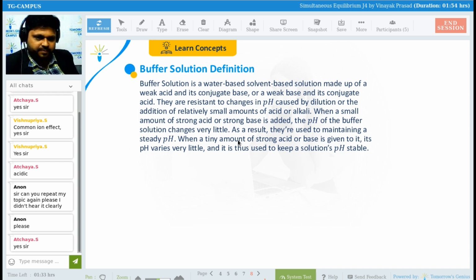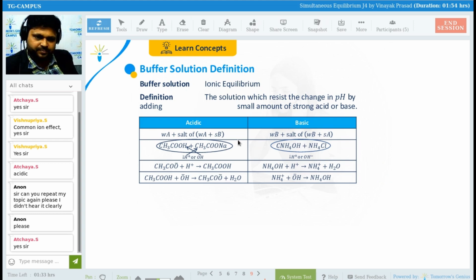Mixture of acetic acid and sodium acetate, guys. Getting my point? So they will be acting as what? Buffer solution. Any problem till here?